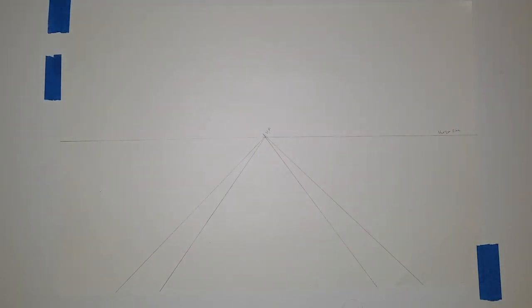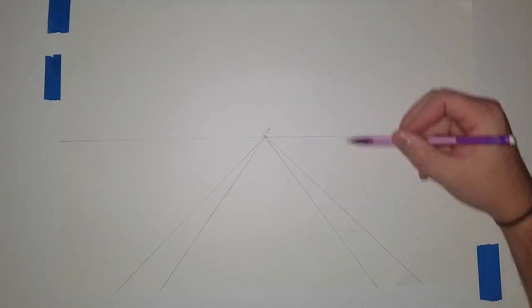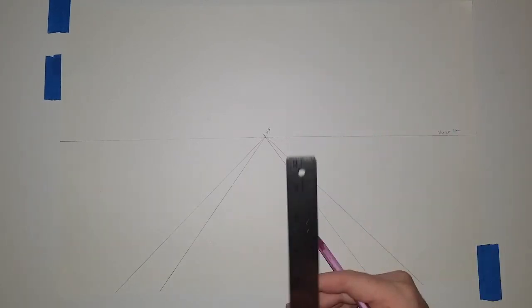This will be our sidewalk on our left side. So what we can do from here is also make a couple vertical lines to tell us how tall our buildings are going to be on our right side of our street.